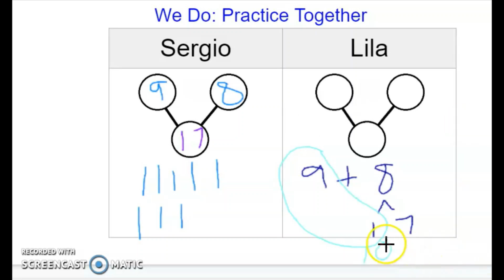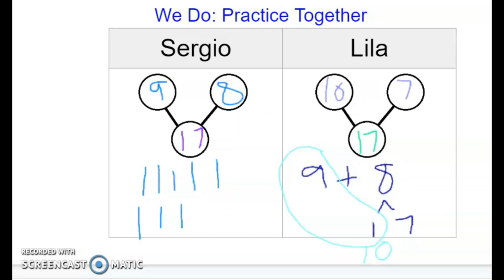So then we had a part of 10 and 7. So Lila's number bond is 10 and 7, with the total or the whole being what? Great job, with the total or the whole being 17.